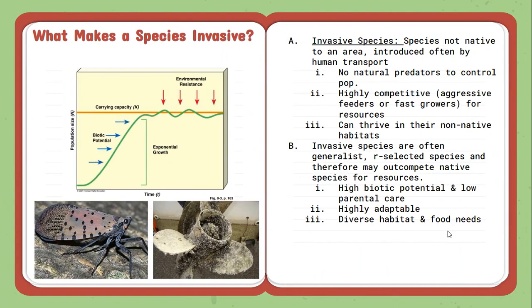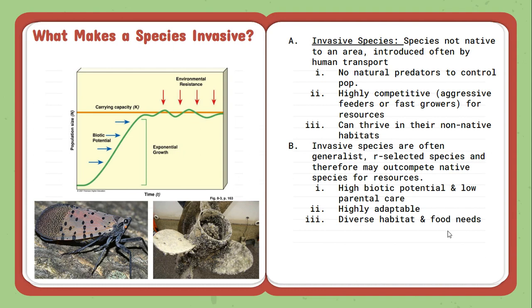We have previously talked a little bit about invasive species in some earlier units, but to review what they are, an invasive species is one that comes into an area that it doesn't normally reside in. So it is a non-native species, but in this case it is one that causes a lot of disruptions to the ecological relationships found within that ecosystem.